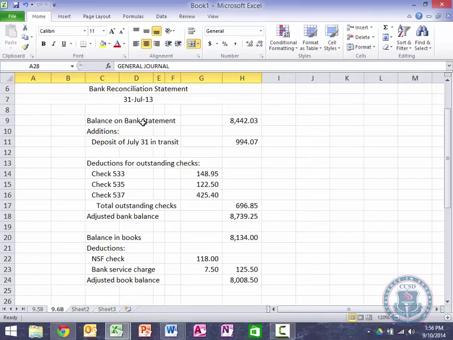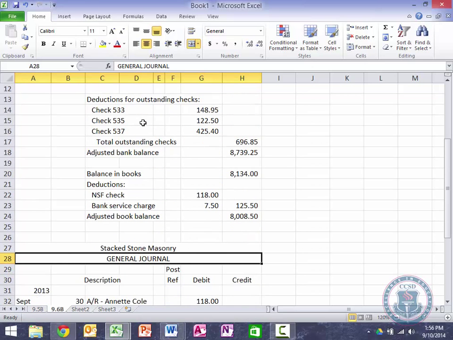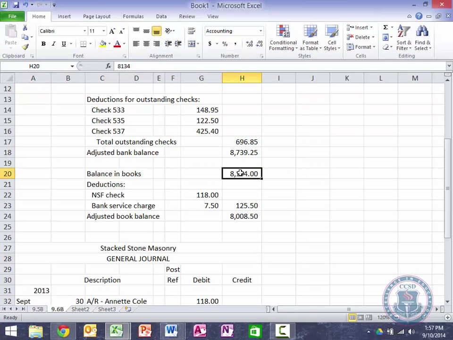I hate it when I don't do it the right way. So the balance in the books was how much? Nick, what do you got back there? What was our ending balance of our books before we do any adjustments? You're the man. 7,059 cents.